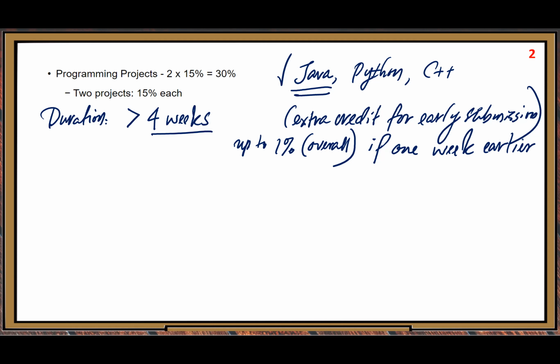But here I'd like to address some important information. Although I use this to give you incentive to submit as early as possible, I want to avoid one special case. Some students, in order to earn this extra credit, may submit before they complete the project.